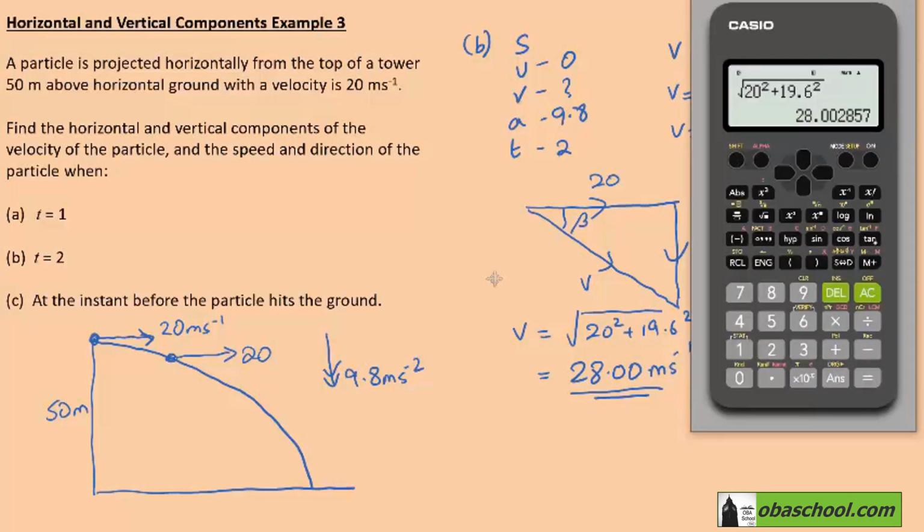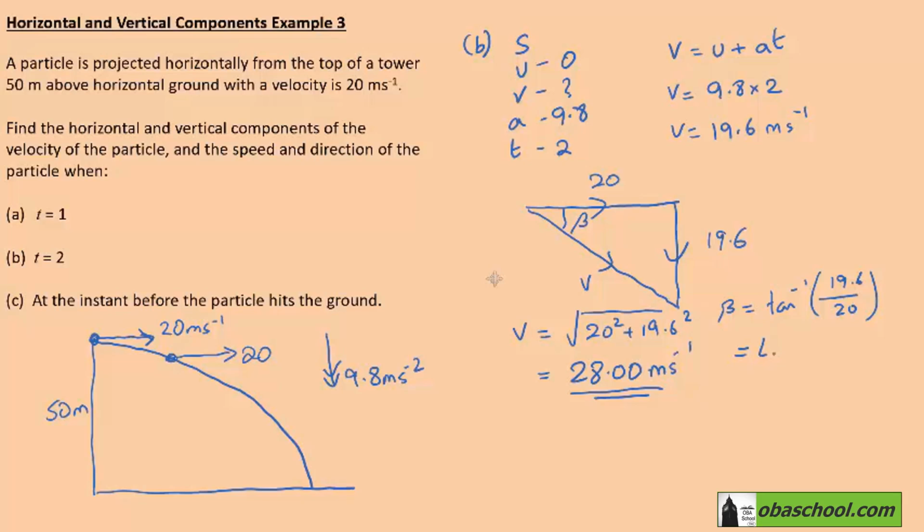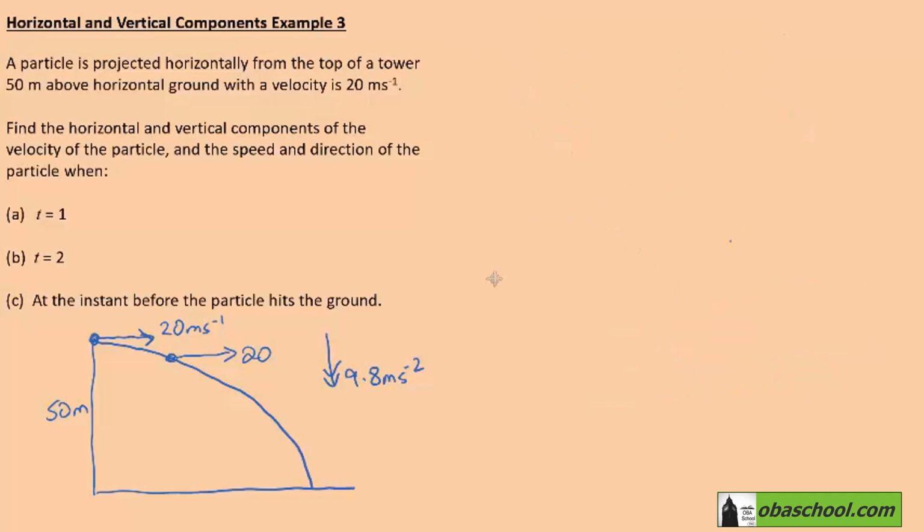So the inverse tangent of 19.6 divided by 20, that's 44.4 degrees, if we give that to one decimal place. With part C, there's a bit more to this. We're talking about the particle just here, just prior to it hitting the ground.